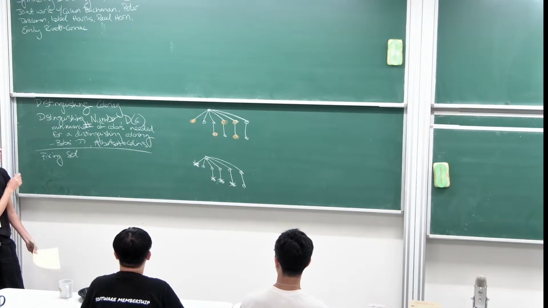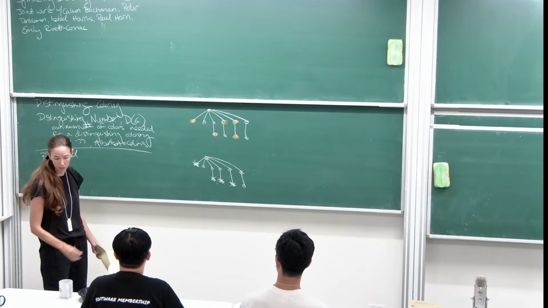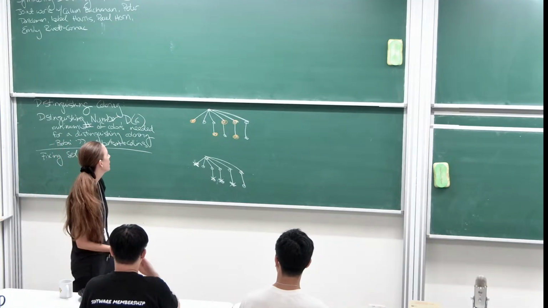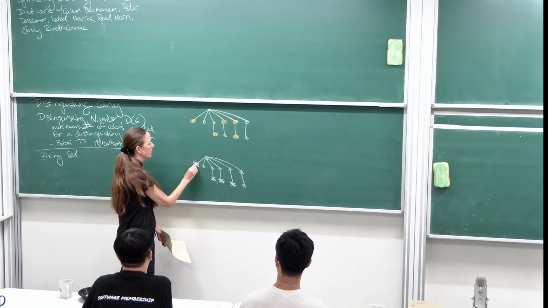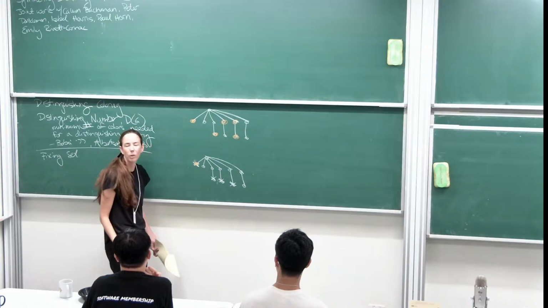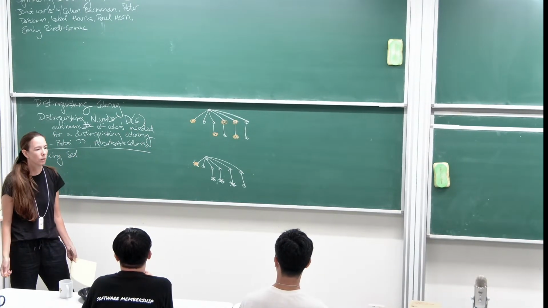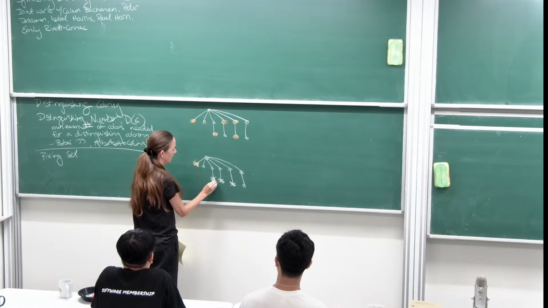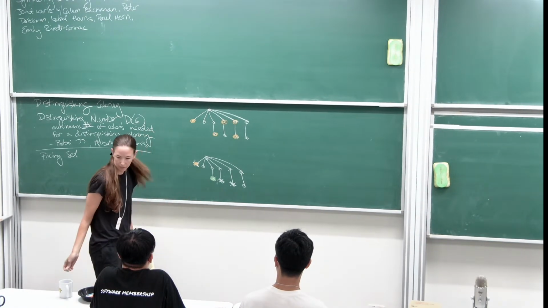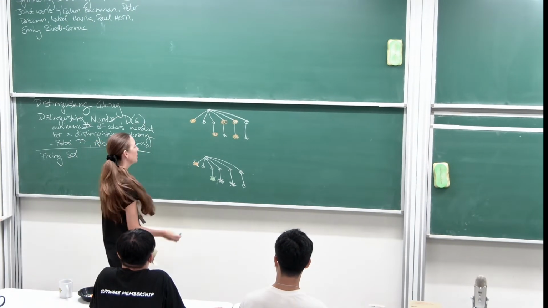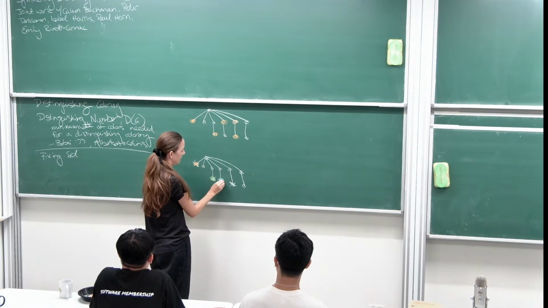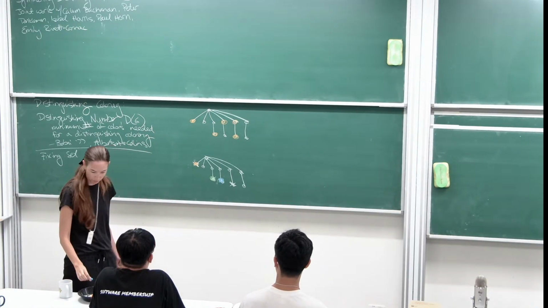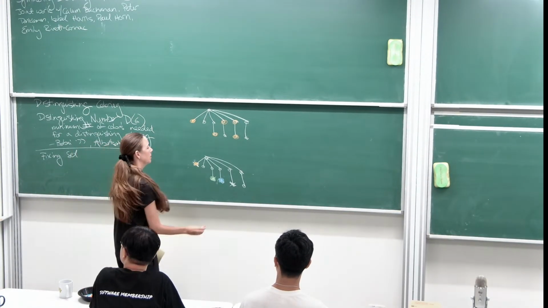One way to think of this, related to distinguishing colorings, is that this is the same as having a color class with only one vertex in it. So fixing these vertices is the same as saying maybe this one is orange, this one is green, this one is blue, and this one is red.